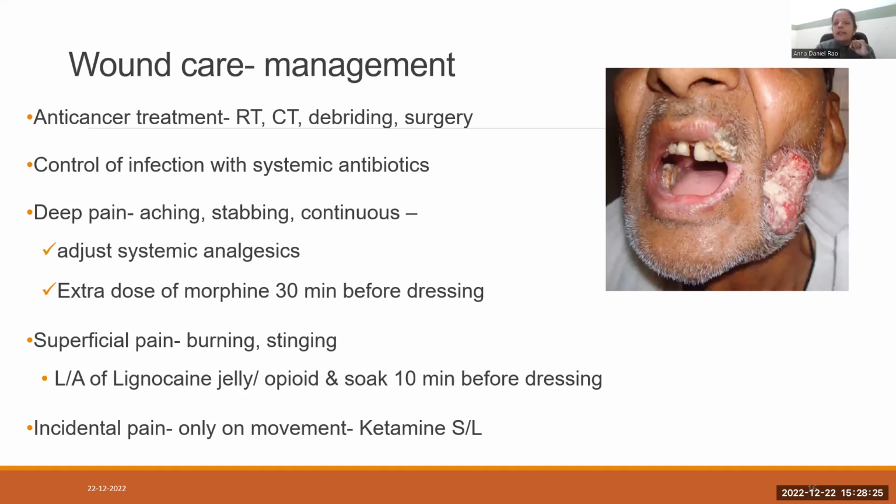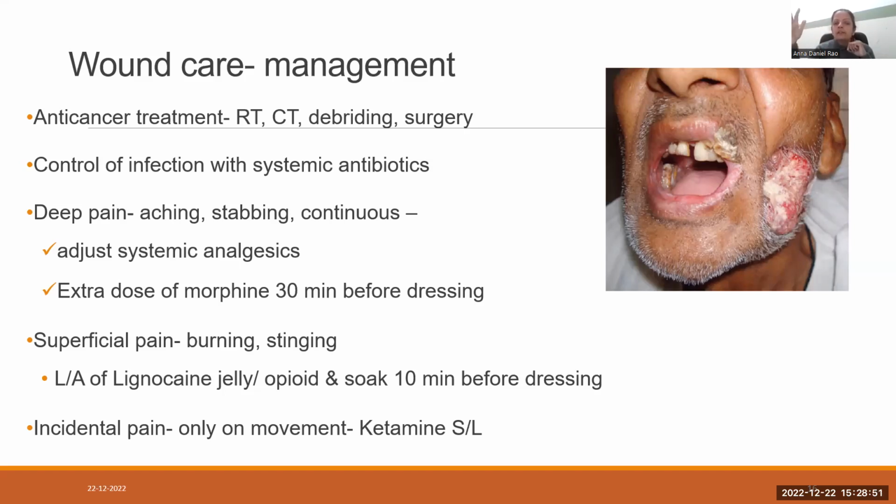Then if superficial pain is there, like burning and stinging type of pain, at that time you can always use lignocaine jelly as local application, or even use opioid locally. And always while changing, as we had seen last time, soak the dressing for 10 minutes, or ask the patient to take a good bath.